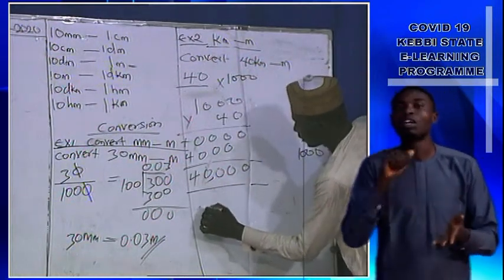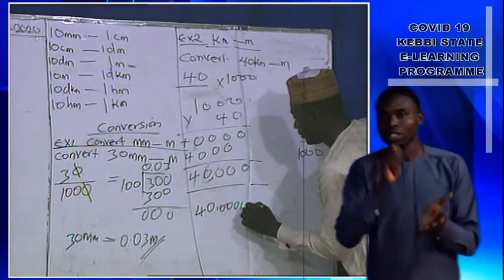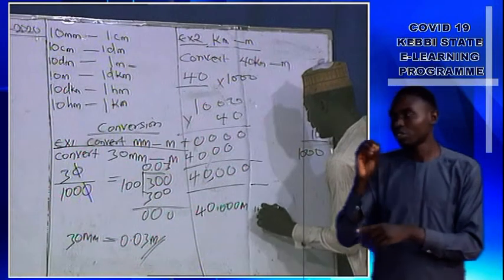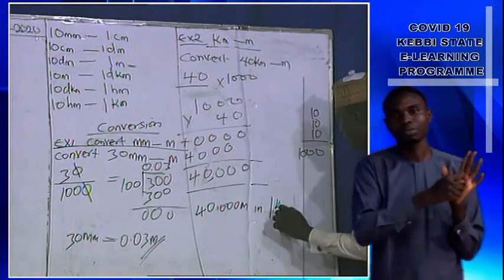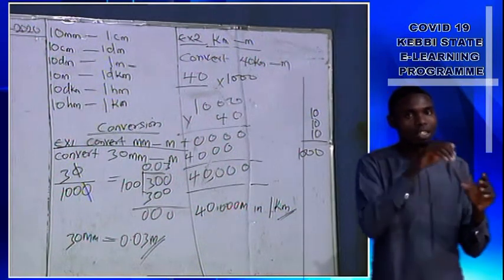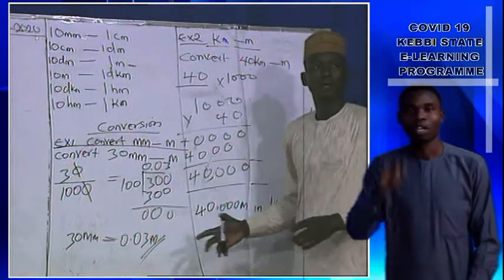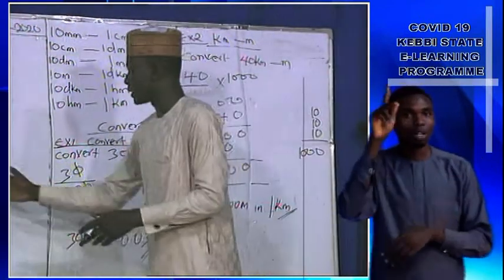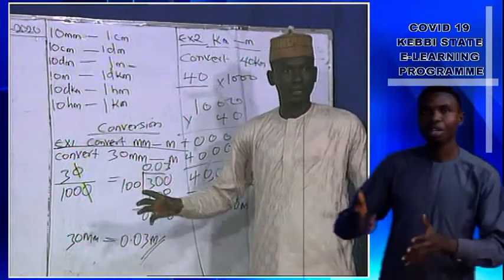It means that we have 40,000 meters in only 1 kilometer. Please, students at home, this is the way we can convert our unit of length, which is meters.